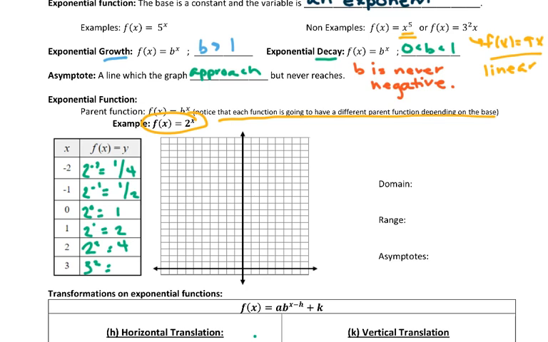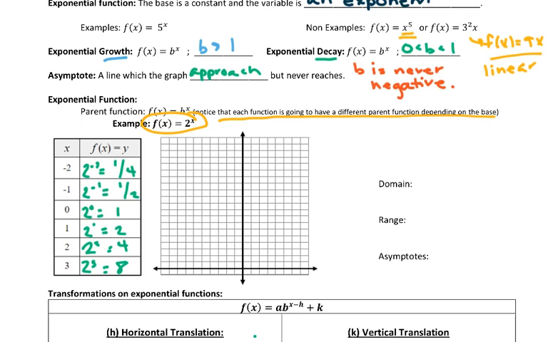Let me back that up. Not all wrong, just that last one. All right, so let's see. This one is going to be 2 to the third power, which is 8. All right, so notice we have 2 as your base every single time. That exponent goes from negative 2, negative 1, 0, 1, 2, 3. We've calculated all those, so now we have this first coordinate point at negative 2, 1/4.